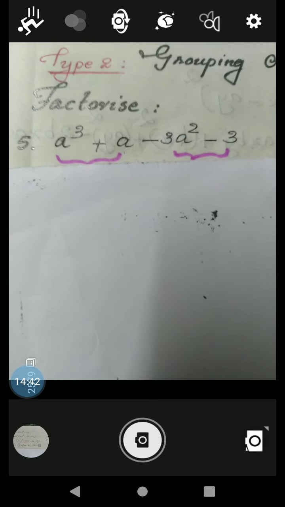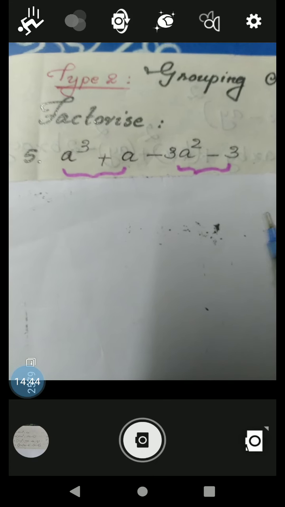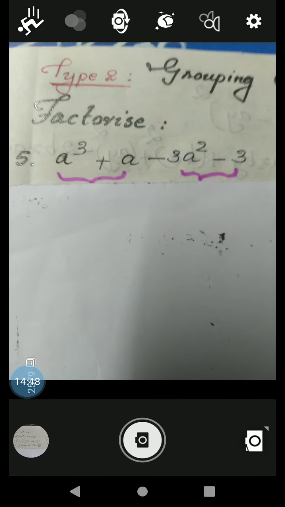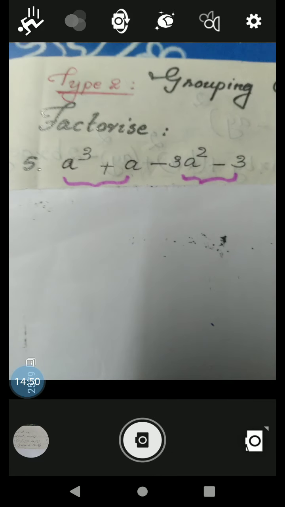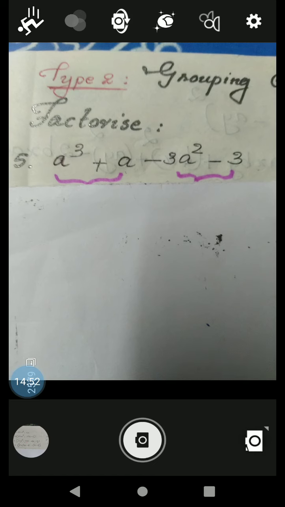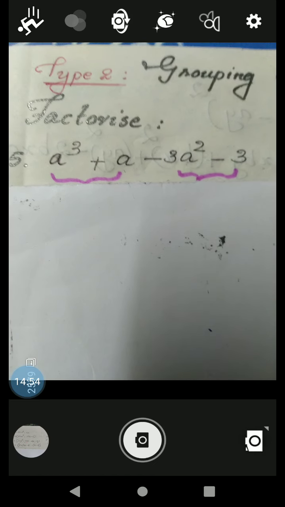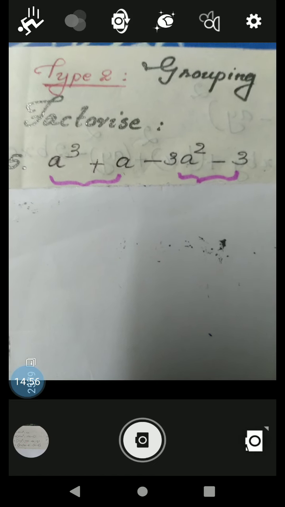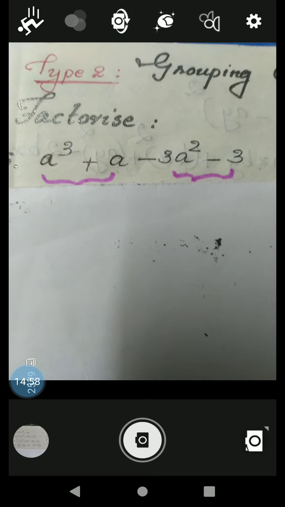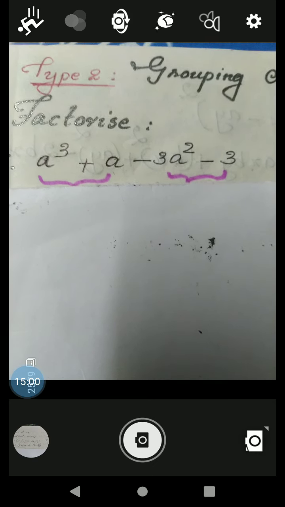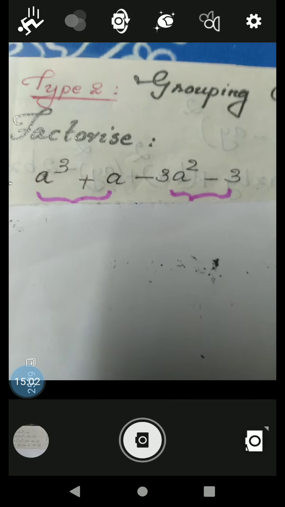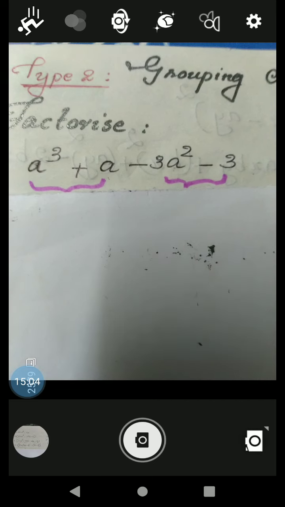What is the grouping method? This is for an expression with an even number of terms. Here 4 terms are there. An expression of an even number of terms may be resolved into factors if the terms are arranged in groups such that each group has a common factor.